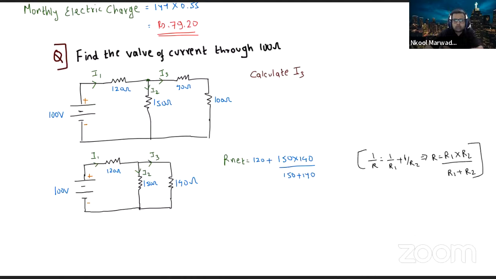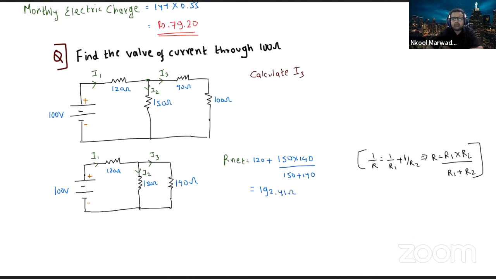Now we can solve this to get the net resistance, and we will get 192.41 ohm. This is the net resistance.